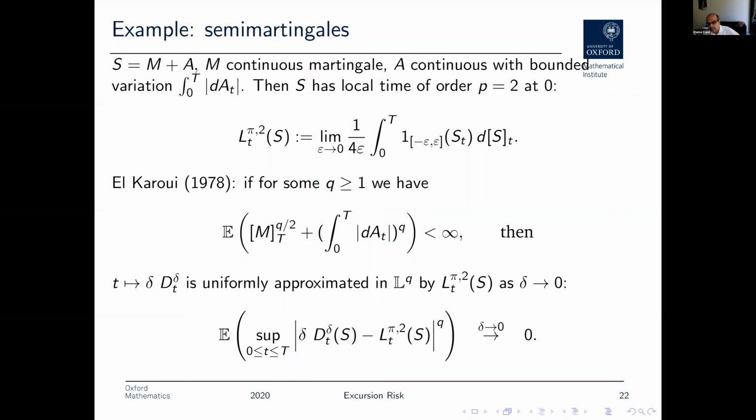I think this is a nice thing in itself because it gives a financial interpretation of local time, which directly shows the financial significance of the concept, because it corresponds to the profit of a certain strategy, which is explicit.